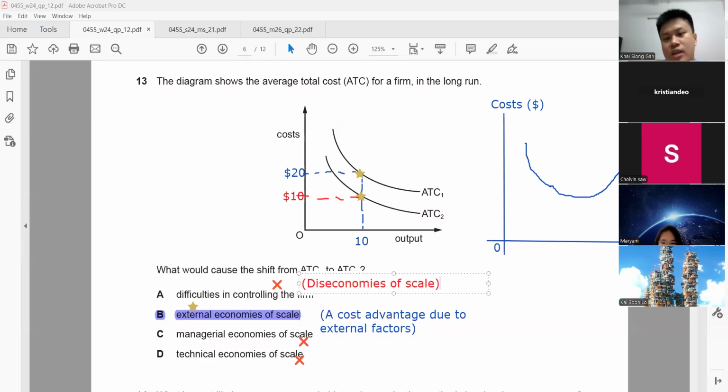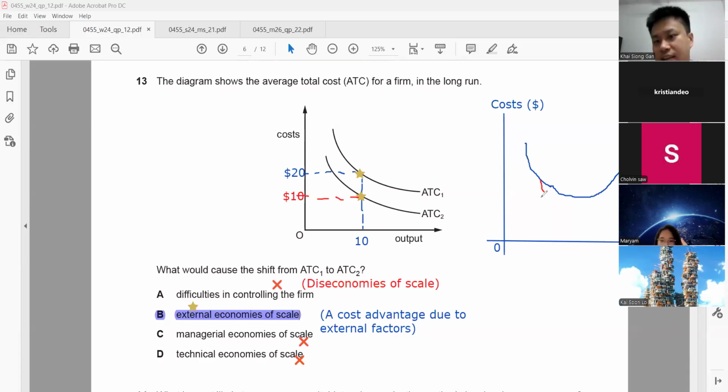My question, if today I want you to show me a graph that shows economy of scale, although so far it has never been asked in paper 2, no. Paper 1, sometimes they'll ask how the graph looks if it's economy of scale. If it's economy of scale, it's because of more output.